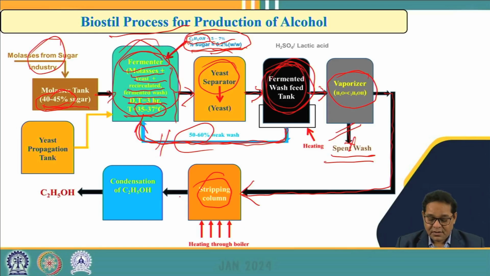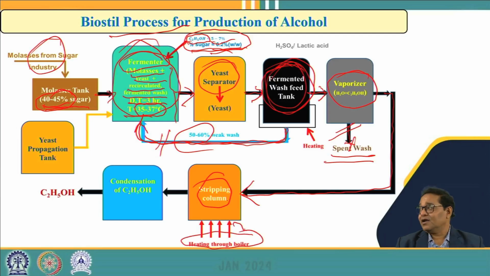And here further rectification of the alcohol is done, because it still contains 10 to 15% of water vapor. So this has to be removed again by excessive heating through the boiler here.